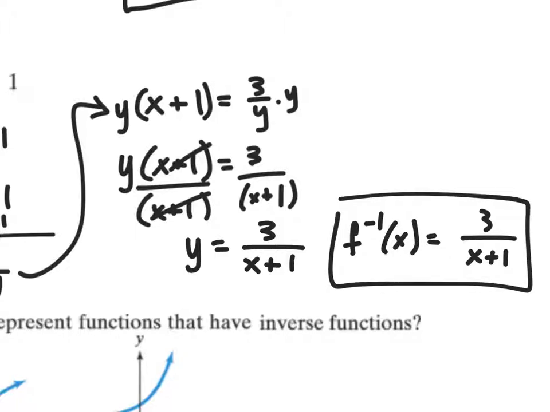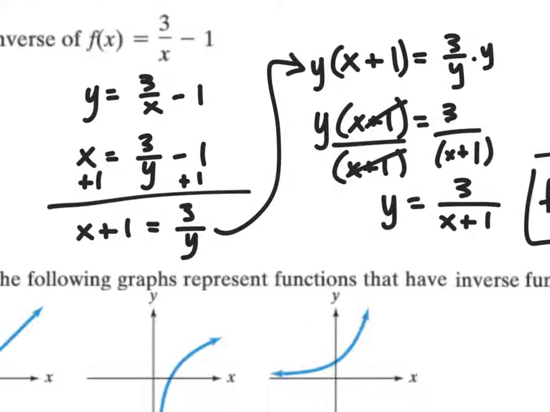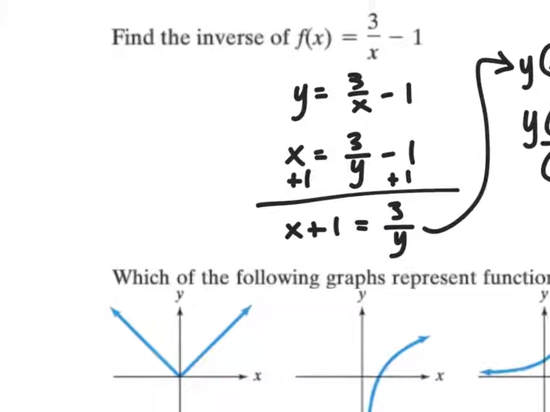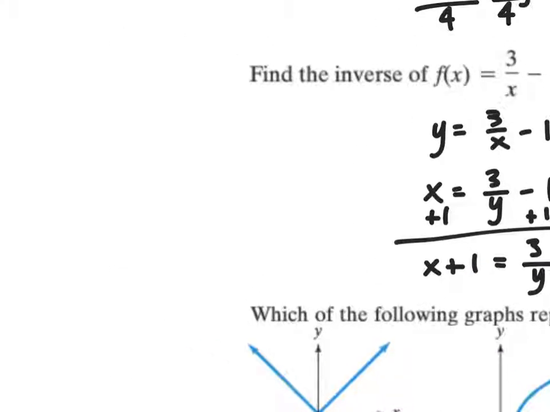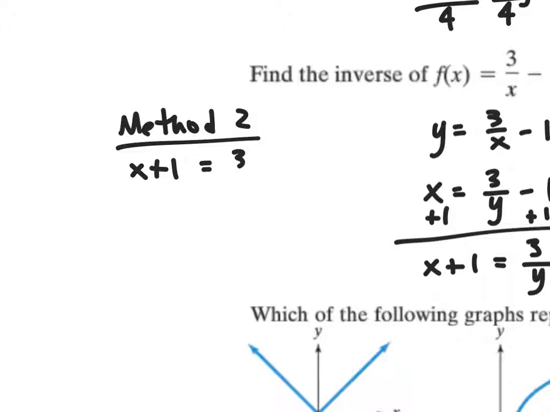Now, another way you could do this is when you're at this step. So let's do this over here. This is method 2. So I'm going to write x plus 1 is equal to 3 over y. Now I've got a fraction on this side, and I've got an expression over here. Now I could take this and put this over 1.